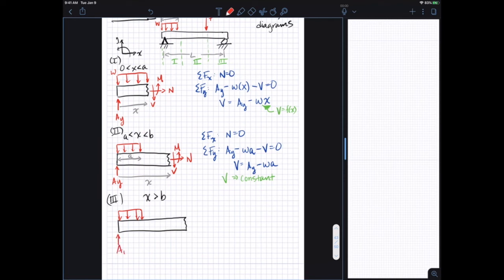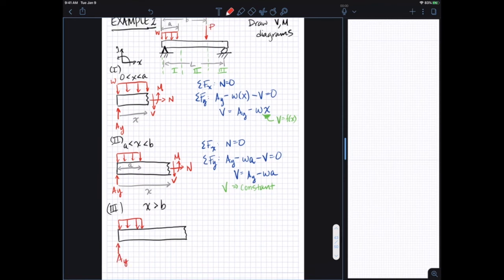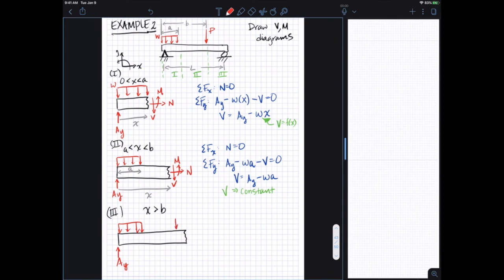We still have AY. Now we have P acting, and shear and the moment. And now this is our distance x. Here, this distance is A, and of course this distance here is B.